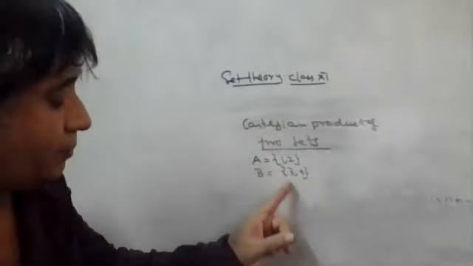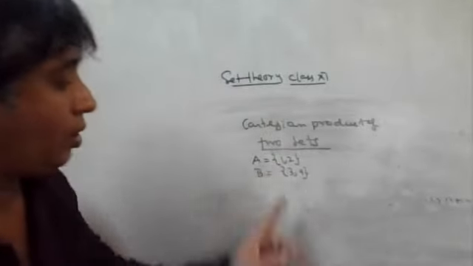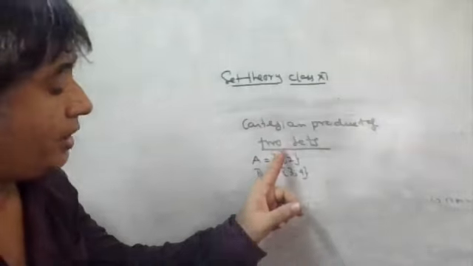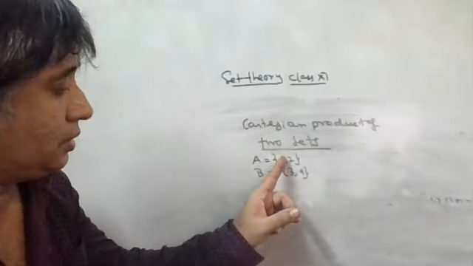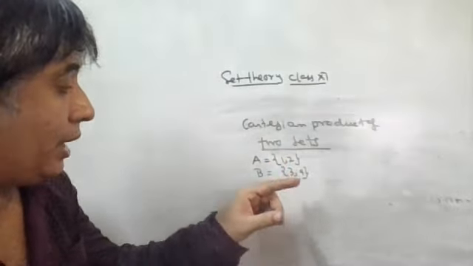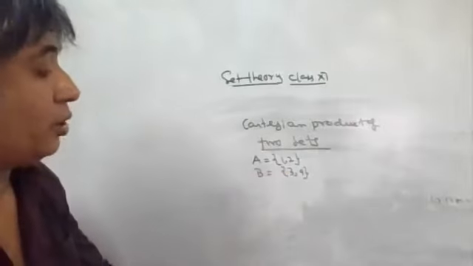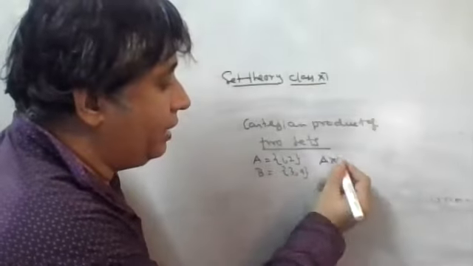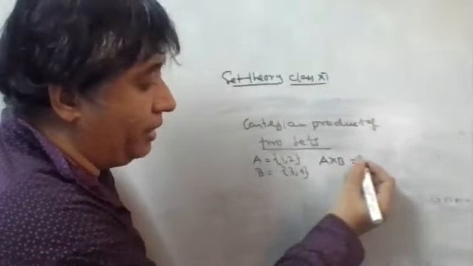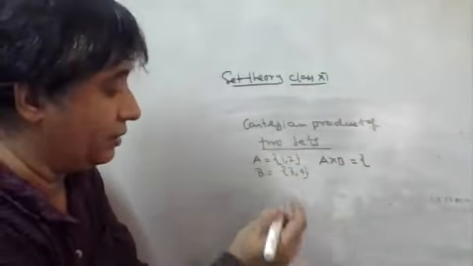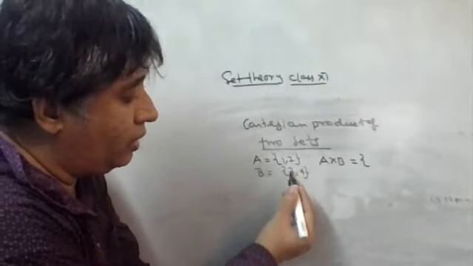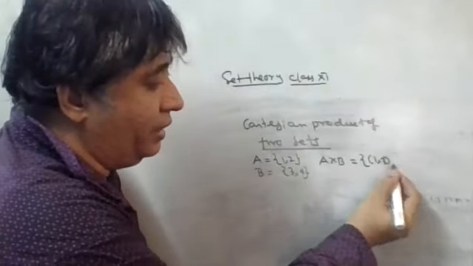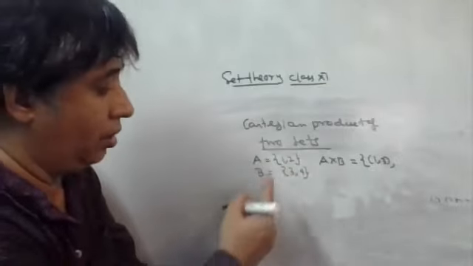Now Cartesian product means how many ordered pairs you can form from A to B, A cross B. It doesn't mean normal multiplication. See, 1 will be paired with 3. This will form an ordered pair.